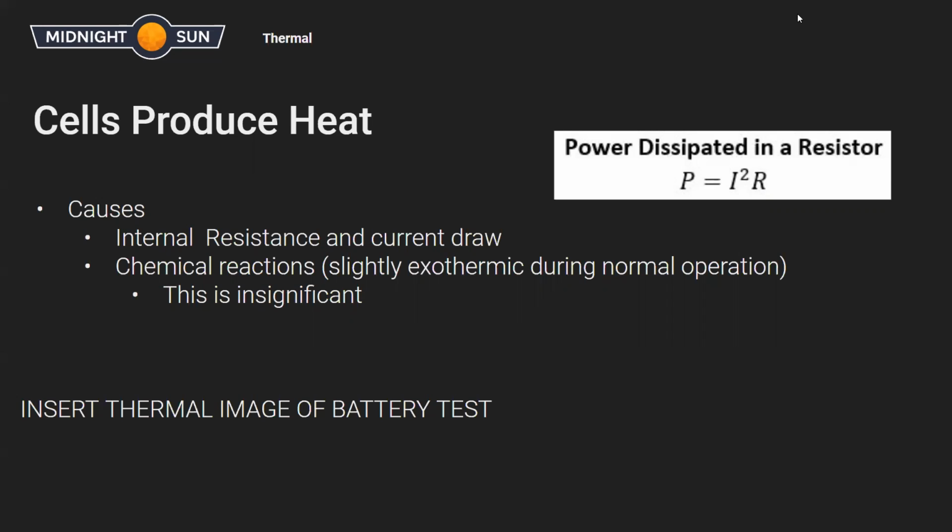The other source of heat in the cell is chemical reactions inside the cell. I believe the reactions that create the current flow and electron flow are actually slightly exothermic, but typically that's insignificant, and the internal resistance causes a much higher heat than the chemical reactions, so we use the internal resistance to model the heat.